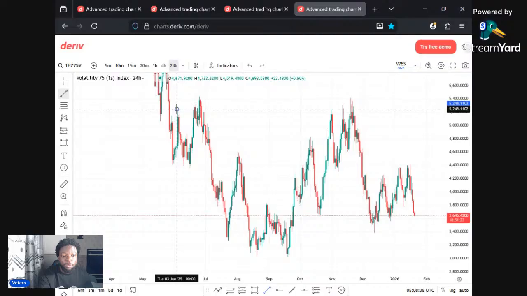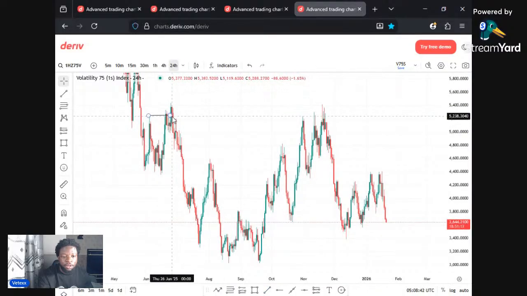First of all, we have our sweep of liquidity, which is here. Remember, the same pattern I just drew for you is the same thing I'm going to look out for on all the pairs. Higher time frame, then scale it to the lower time frame to look for my continuation. Understood?